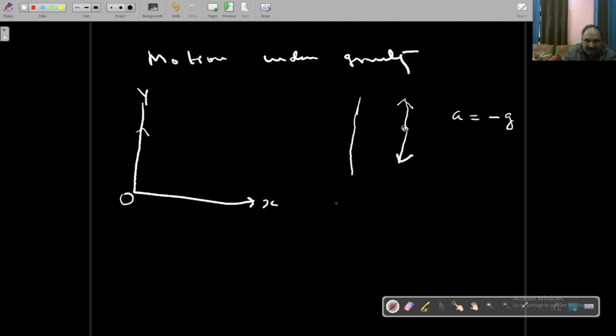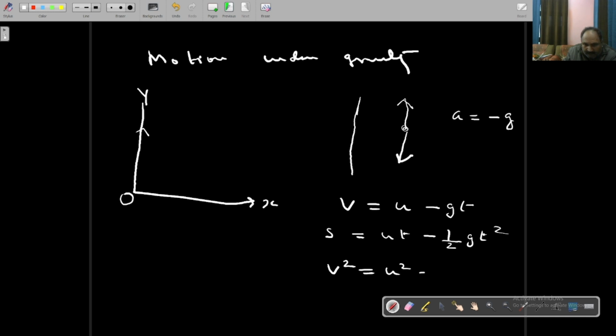So the three equations become v is equal to u minus gt, then s is equal to ut minus half gt square, where g is acceleration due to gravity, and v square is equal to u square minus 2gs.